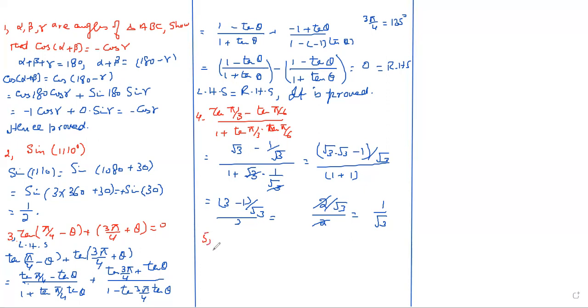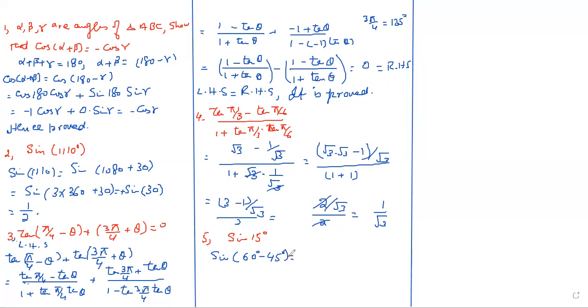Number 5. That's a very interesting question. Sine 15 degrees. We have to find this, or sine 75 or 105 or like that. Now we can write it as sine 60 minus 45. We know the values of 60 degrees and 45 degrees.